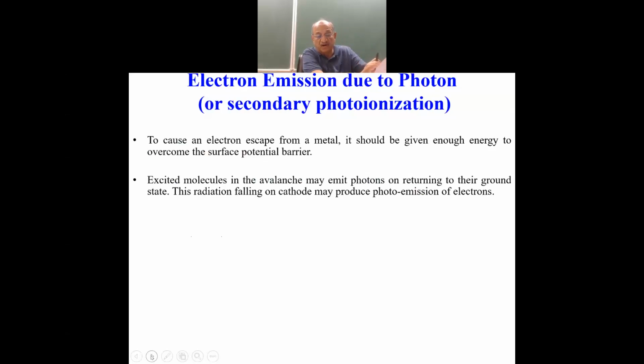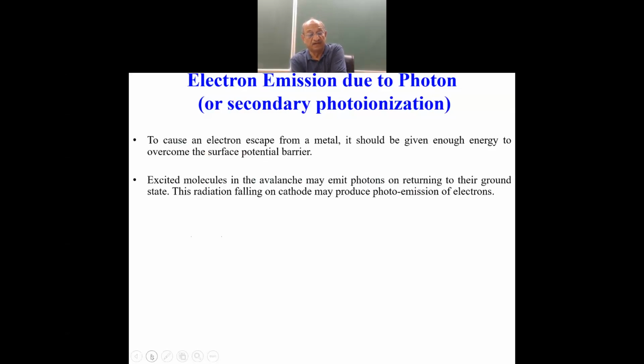to cause an electron escape from a metal. The physicists have worked a lot on this, and it matters if the gap distance is not very large. For the metal to eject or give rise to an electron, it should be given enough energy to overcome the surface potential barrier.